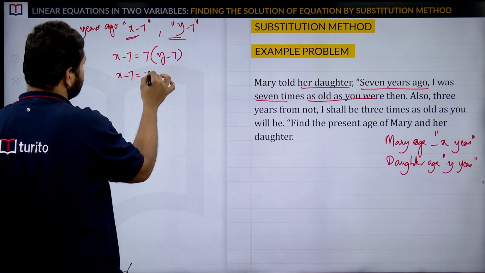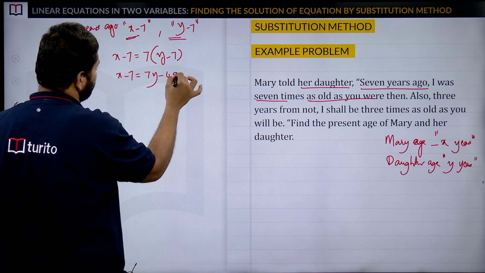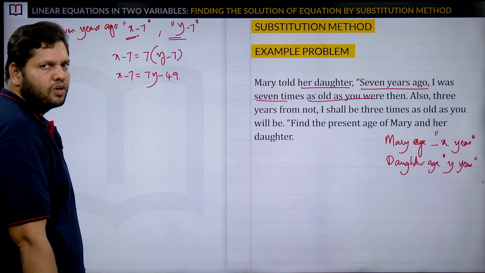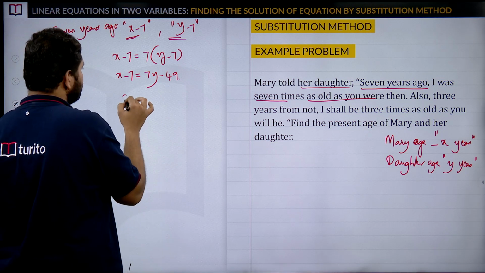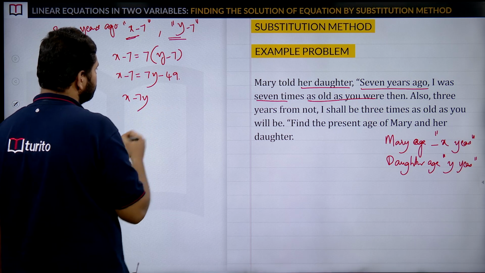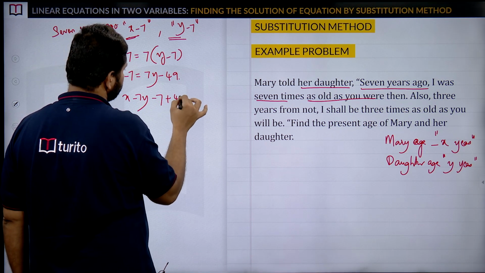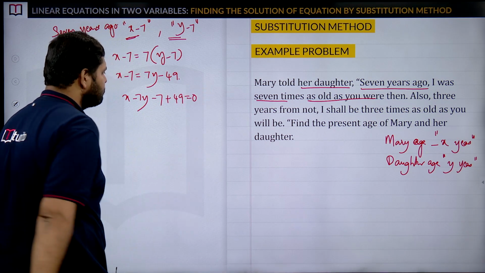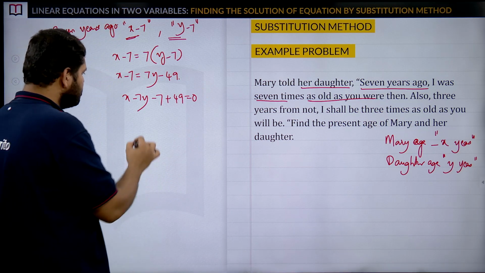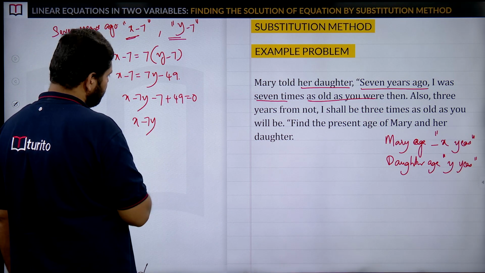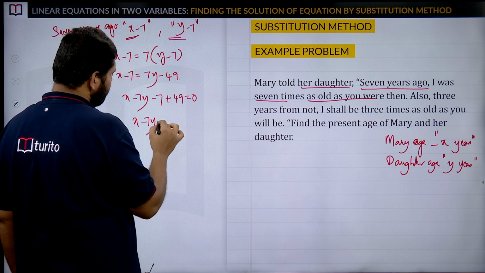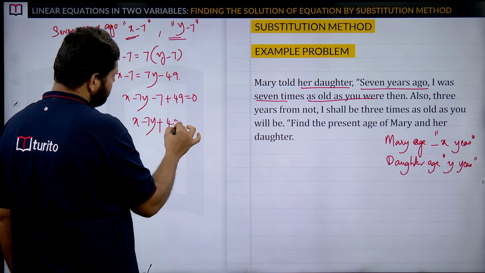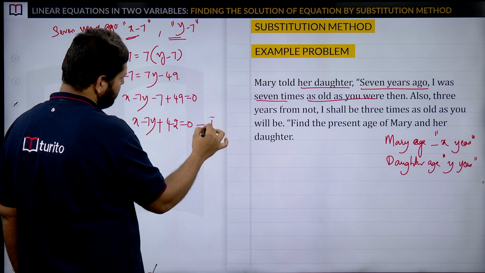Children, multiply 7, 7y and this is minus 49. Okay. Now bring everything one side children. This is x minus 7y and this is minus 7 and this is plus 49 equal to 0. And we can do simplification children. This is x minus 7y, minus 7 plus 49. What is the value children? Plus 42 equal to 0. So take the equation as 1.